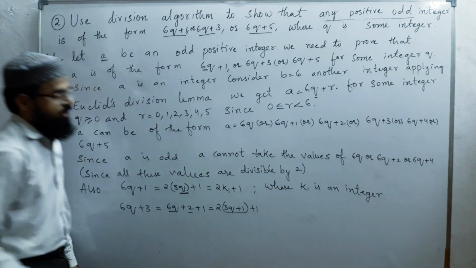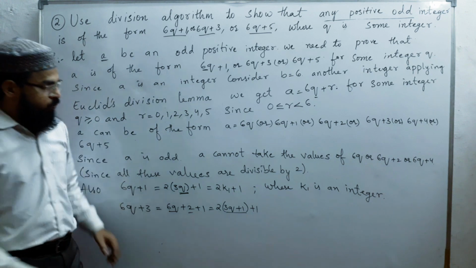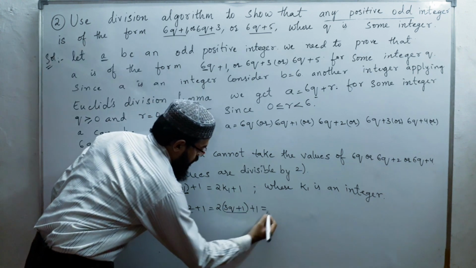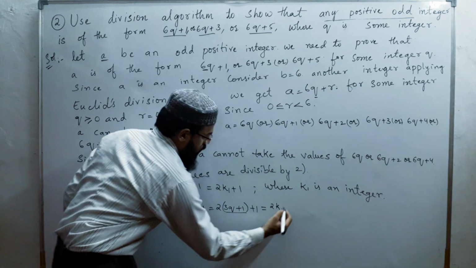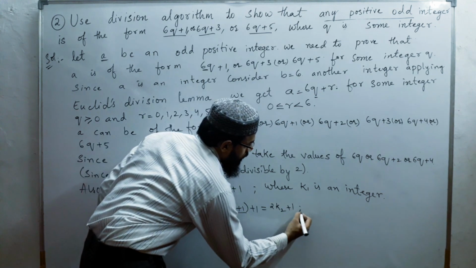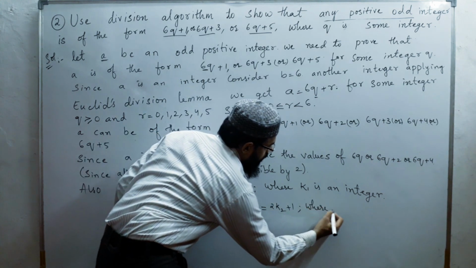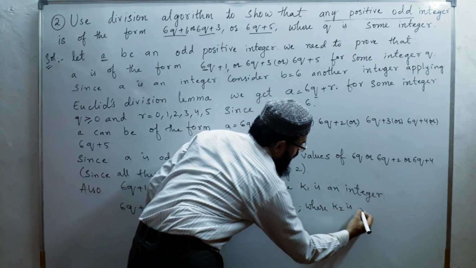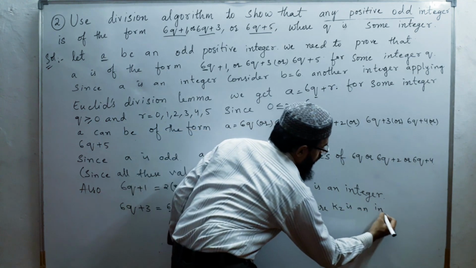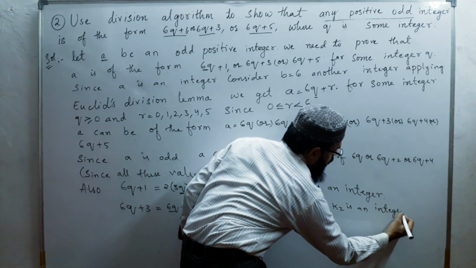We assume this as 2k2 plus 1, where k2 is an integer.